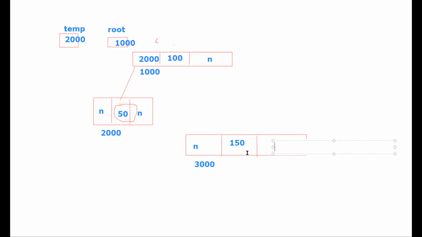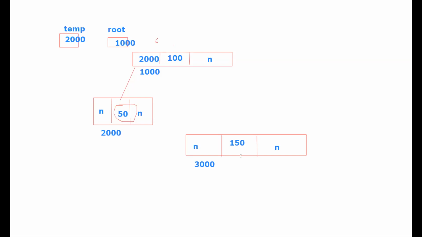See here, 150 greater than 100, yes, true, fine, it goes inside. Once it goes inside, you have to check whether the right field is null. If it is null, you are going to insert that created node into the right part. So according to not equal to null, it is false now, because it is actually null, so this will not work.